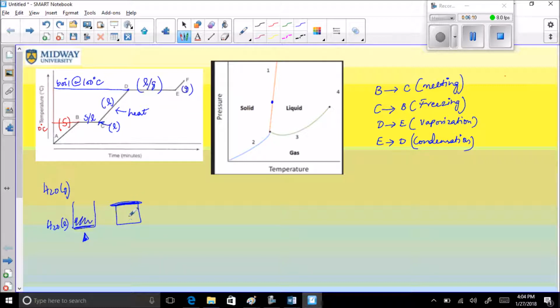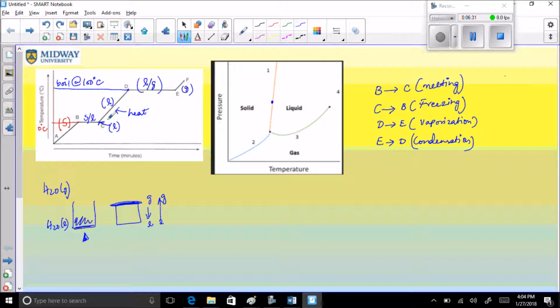Then this process of gas going to liquid and liquid going to gas is happening, and that's kind of this phase right here. All right, so now if I ask you a conceptual question, say the phase corresponding to B and C, where is it on here?